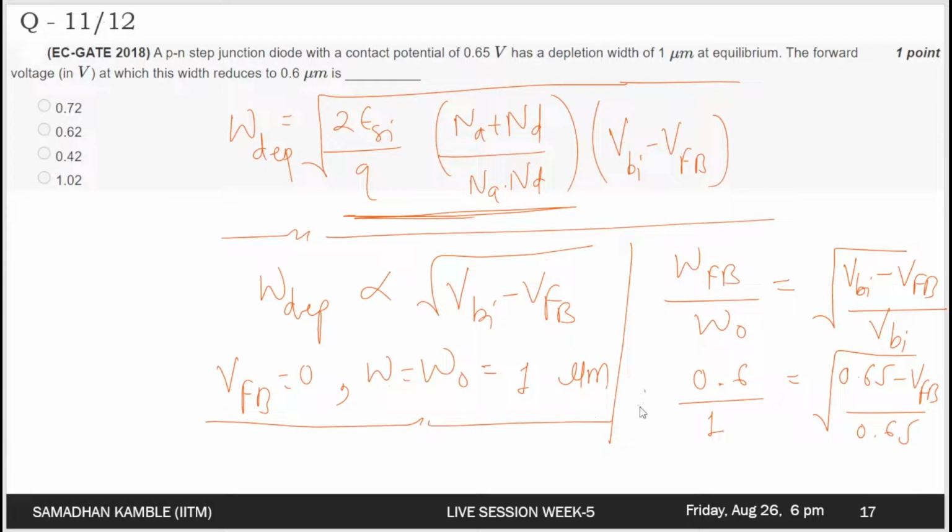If you do this simple algebra, we get the forward bias voltage which reduces the width from 1 micron to 0.6 micron as 0.416 volt. So the approximate answer is 0.42. Considering it was understood, I'll move to the last question.